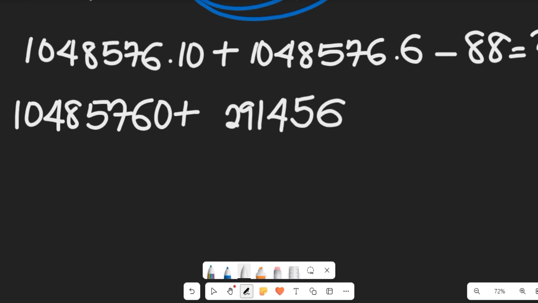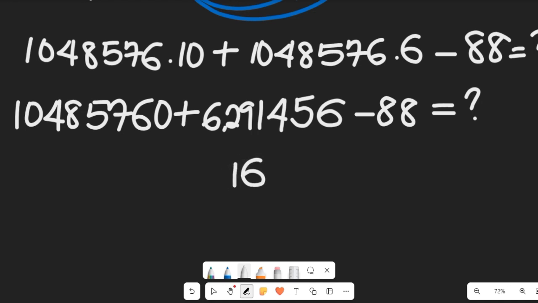and then we'll have 6. And this will be minus 88. This is going to give us what? Now let's add this. If we add this, we're going to have that expression to give us 6. 6 plus 0 is 6. 6 plus 5 is going to give us 11. We'll take 1.